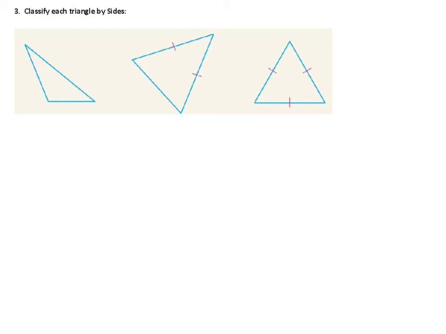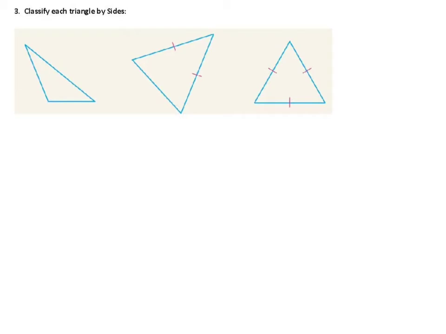Notice we want to be able to classify each triangle by the sides as well. So in this first diagram, we see that the sides are not indicated by any lengths that are equal to each other. So if we have a case where all 3 sides are not equal to each other, usually we would indicate this by marking up the sides.